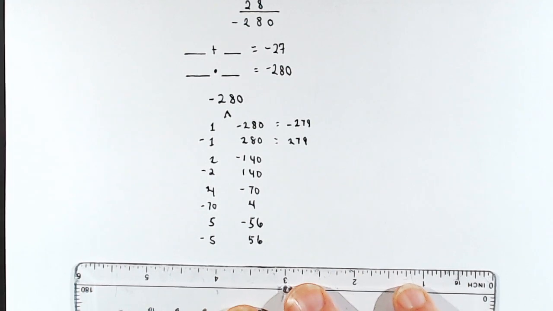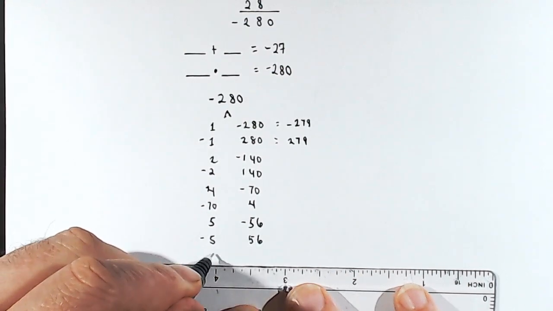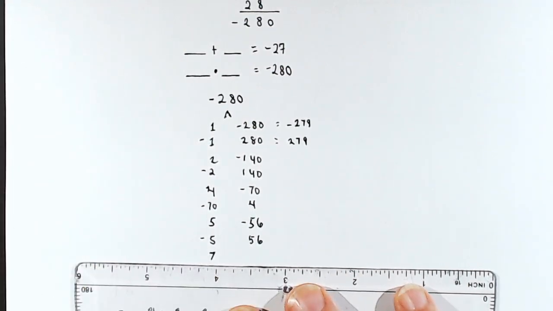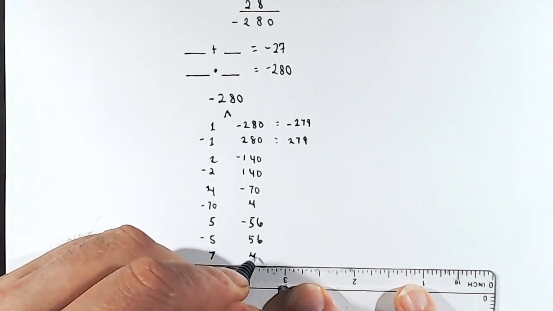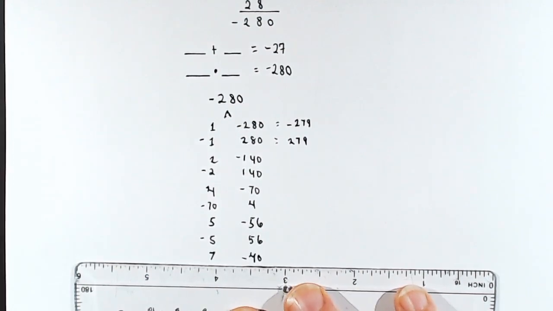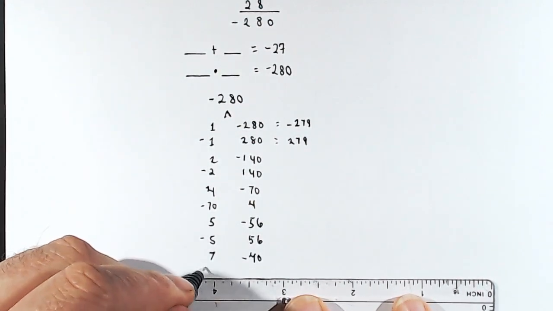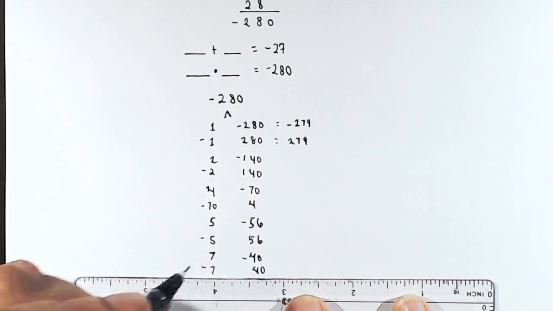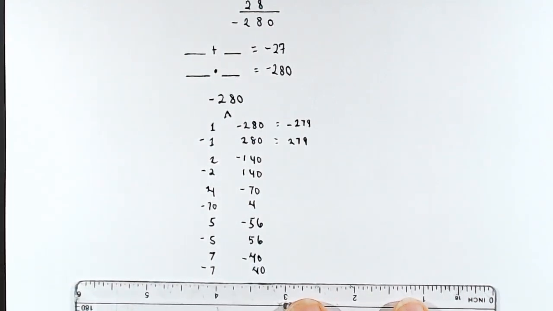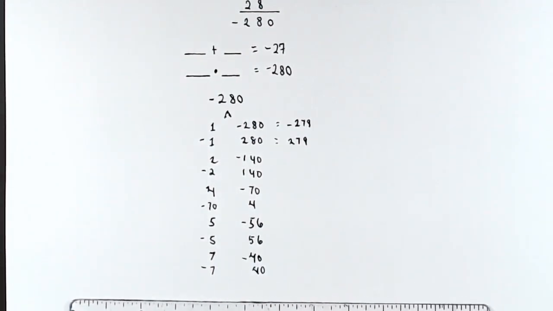Let's see, 7 works. We could do 7 times negative 40 is negative 280, and negative 7 times positive 40, but those don't add to be negative 27, so we can throw them out. How about 8? 8 goes into 28 3 times with 4 as a remainder.